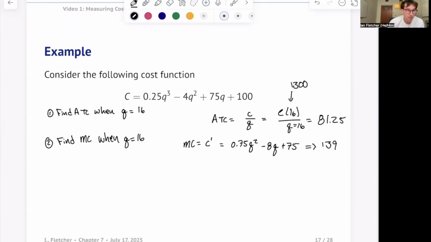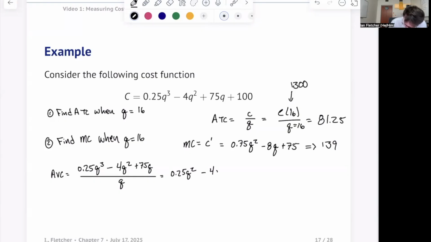Find the output level when average variable cost is equal to marginal cost. So if we wanted to say AVC, remember we would take this 0.25Q cubed minus 4Q squared plus 75Q all over Q. And this would be 0.25Q squared minus 4Q plus 75. So when is AVC equal to MC?